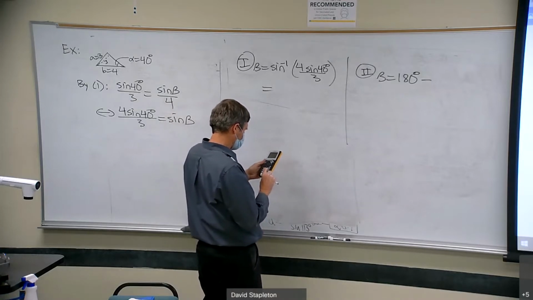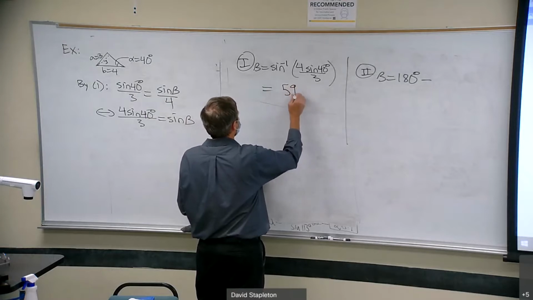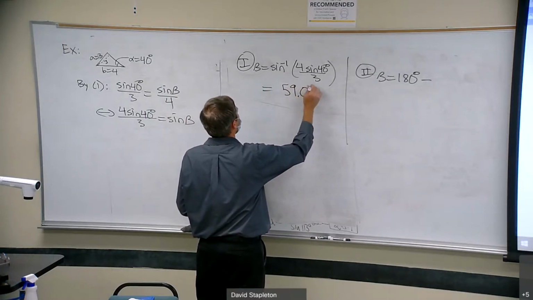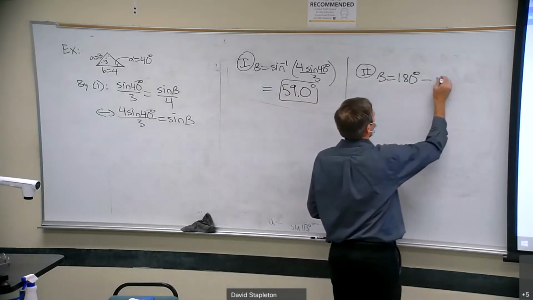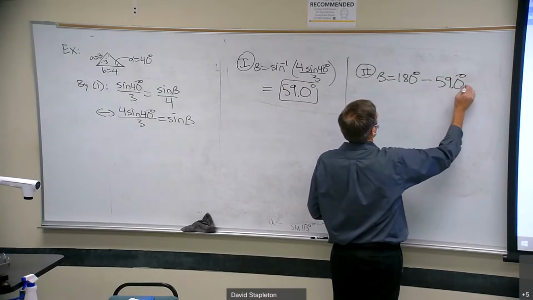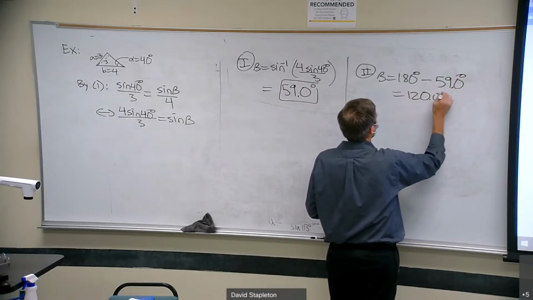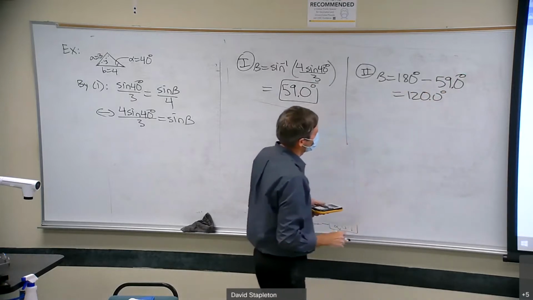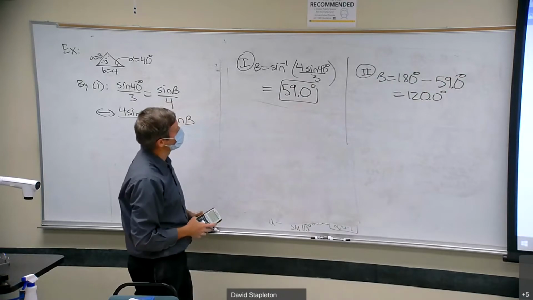58.98. It's 59.0 when I round it, degrees. So this one must be 180 minus 59.0, so it's 120.0. If I keep my placeholder, this shows that you have a significant digit here.